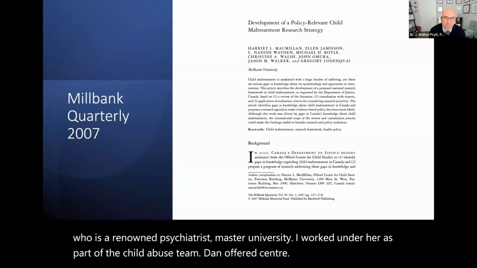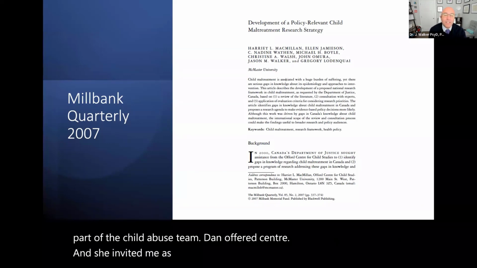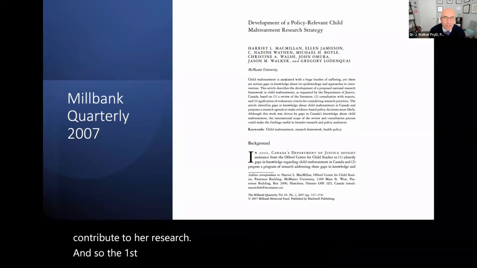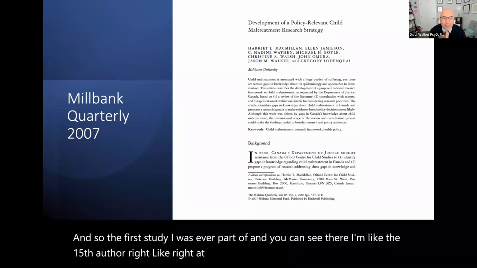And she invited me as a graduate student, sorry, not undergraduate, to contribute to her research. And so the first study I was ever part of, and you can see there, I'm like the 15th author, right? Like right at the bottom.